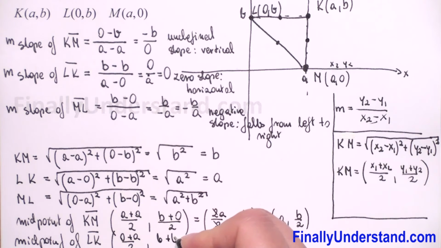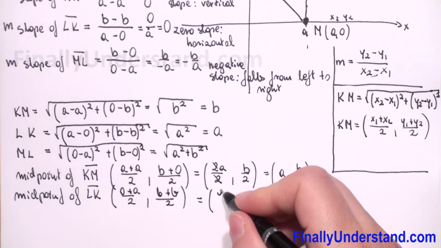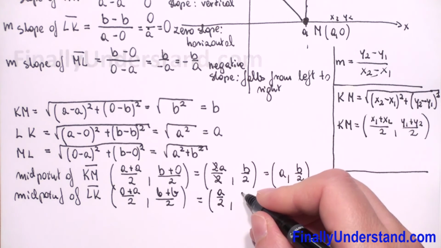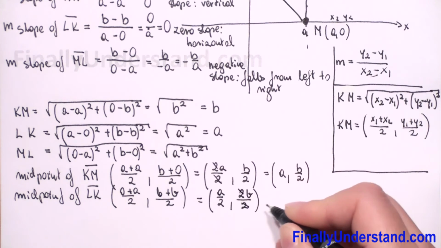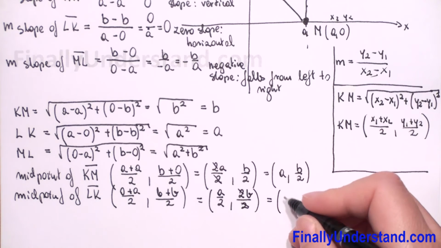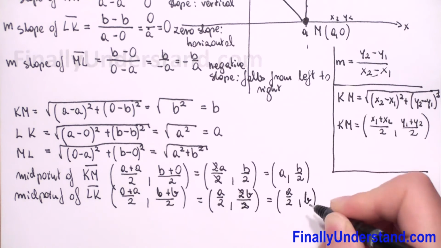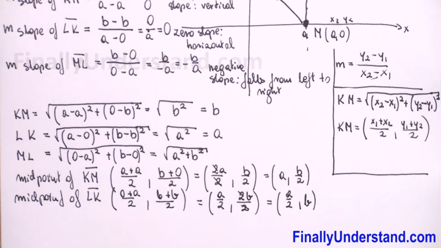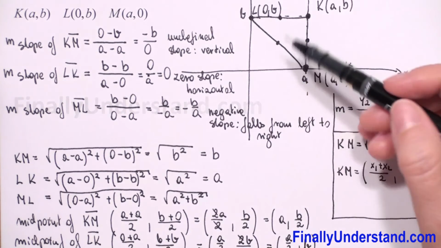So (B plus B) over 2. So this is equal to A over 2 and B plus B is 2B over 2. 2 and 2 we can reduce, so the first coordinate is A over 2 and the second is B. So we have the midpoint of LK segment.